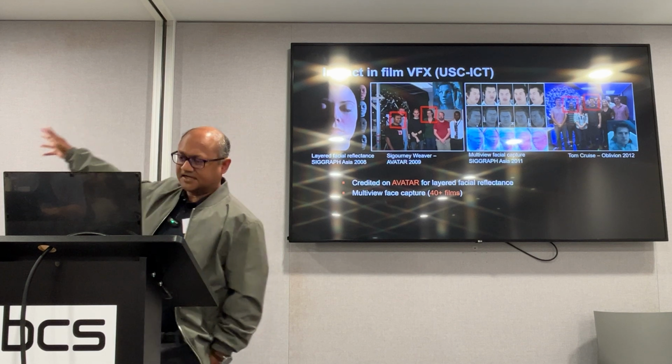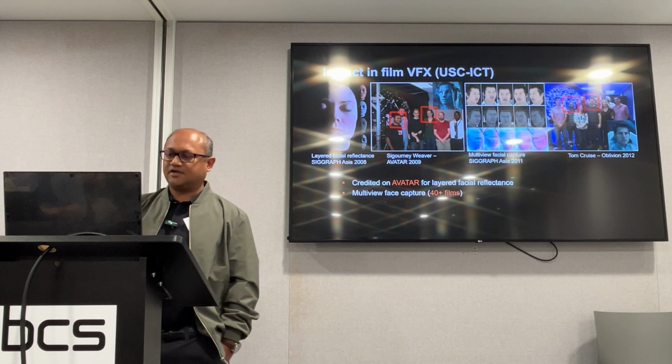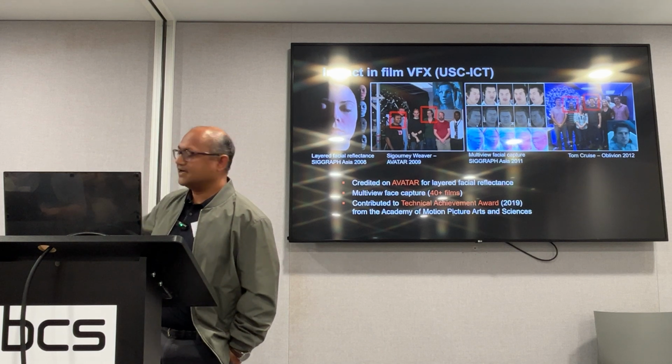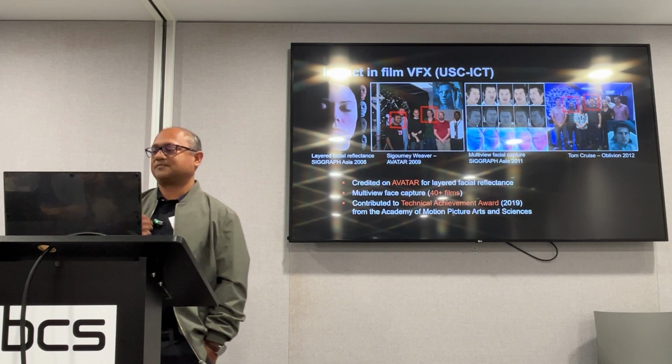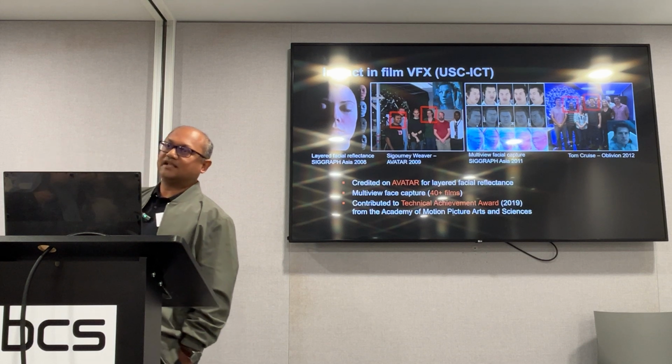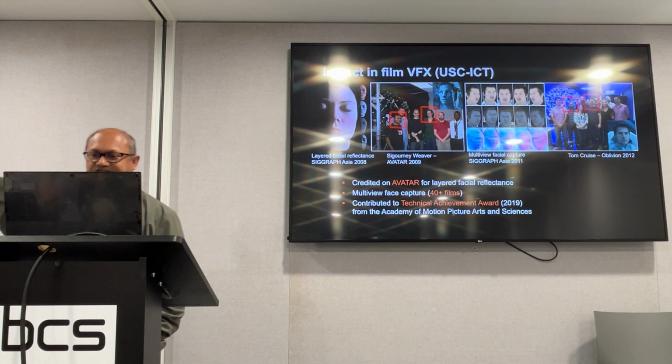And the technology contributed to an Academy Award for some of my colleagues at USC in 2019. My personal favorite was that the SIGGRAPH Asia paper came out in 2011, and by early 2012, we were scanning Tom Cruise with it.